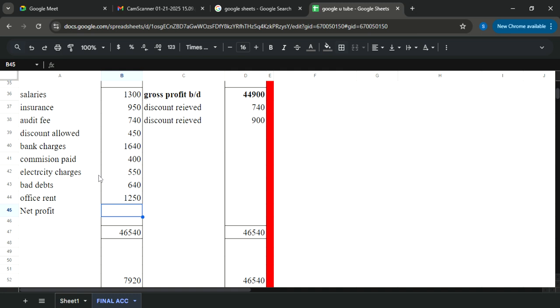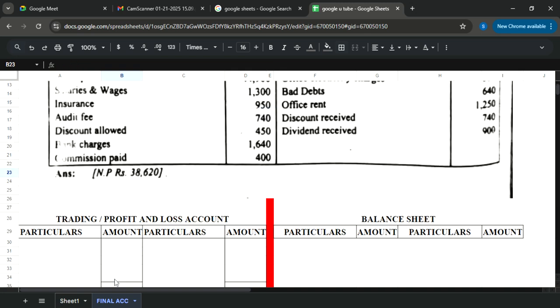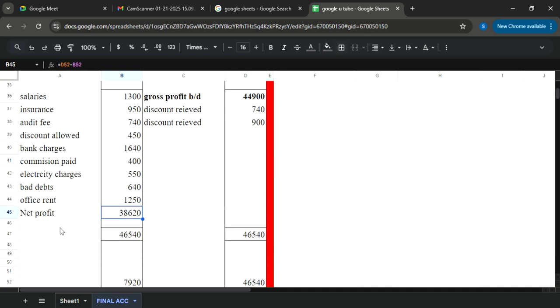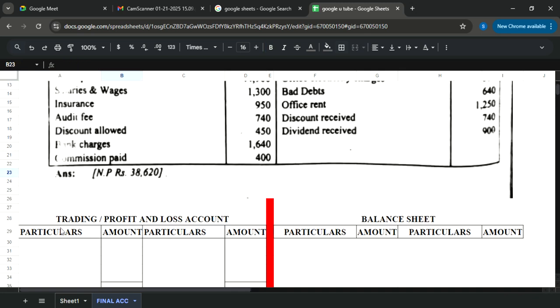How will you calculate the balance? You will subtract the smaller sum from the larger sum. This is your larger sum. Subtract the smaller sum. So we have got our net profit. We can highlight it. Net profit is 38620, and look at here, our net profit is 38620.